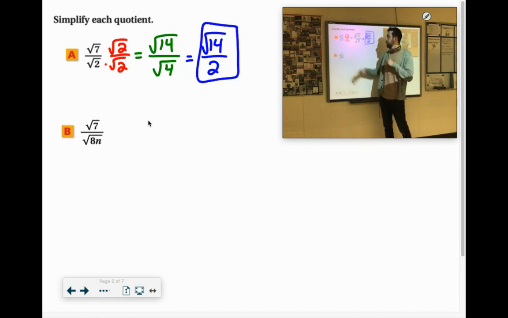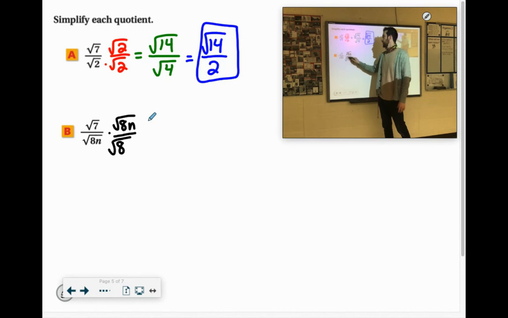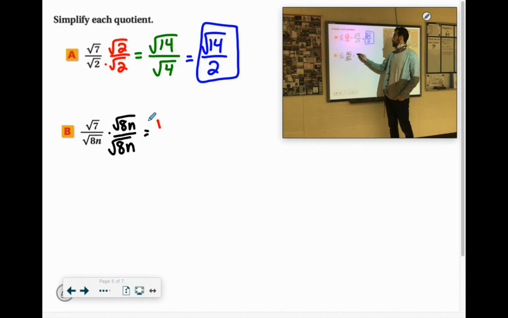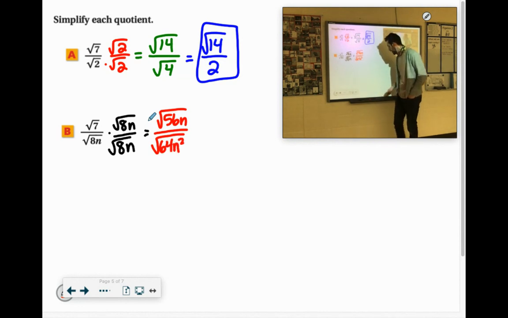Now, one option for b is to multiply it by itself, and I'll show you two options here. So we can multiply it by root 8n in the numerator and denominator. And when we do that, we would get root 56n up top, and we'd get 64n squared in the denominator.